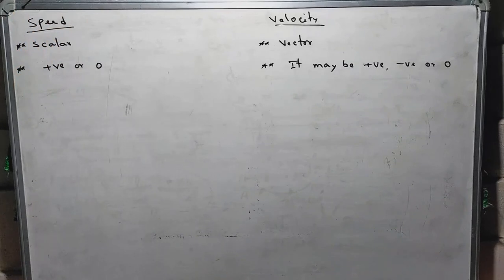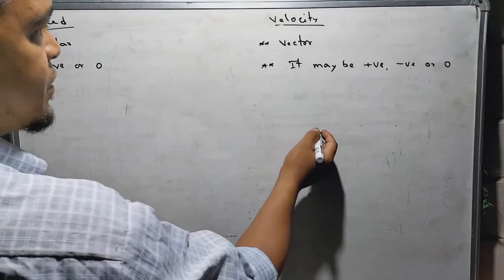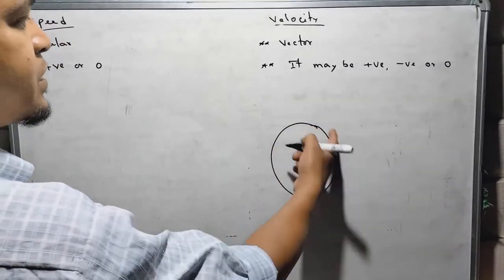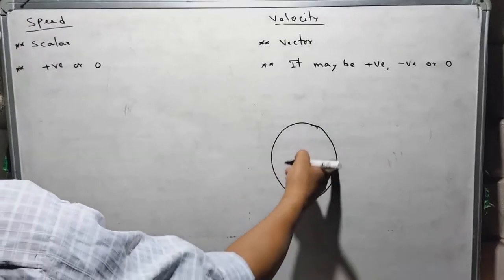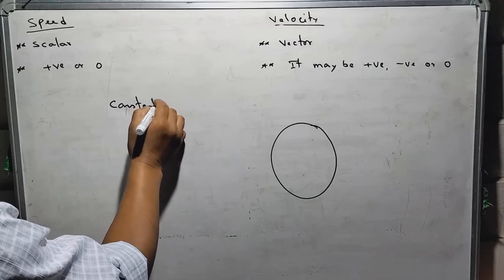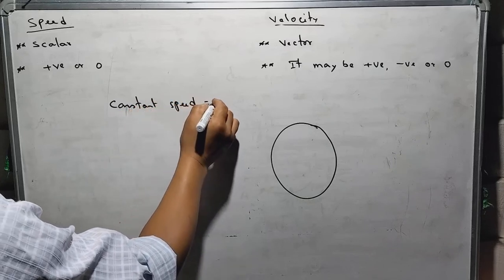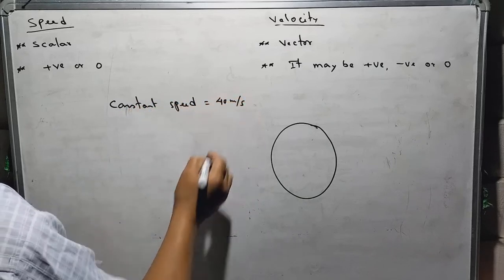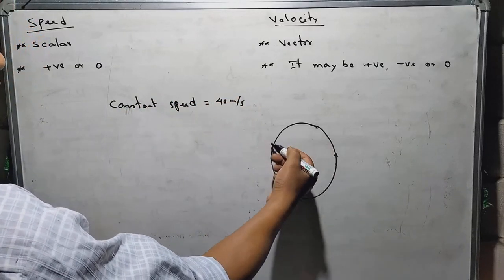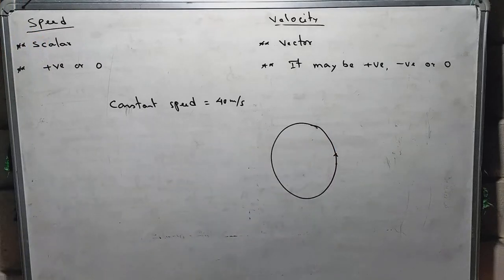Now, another interesting difference between speed and velocity is this. Suppose you consider the motion of a body in a circular path. Let's say this body is moving with a constant speed, say 40 meters per second. So when this body is moving at a constant speed, what will happen to the velocity?